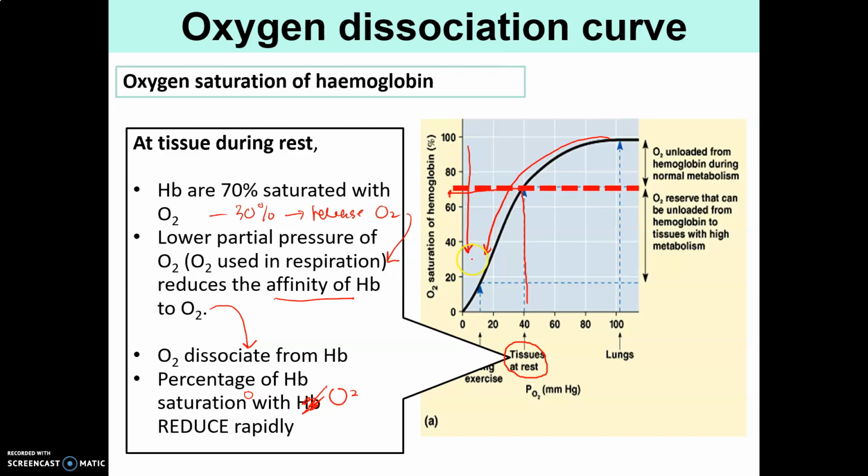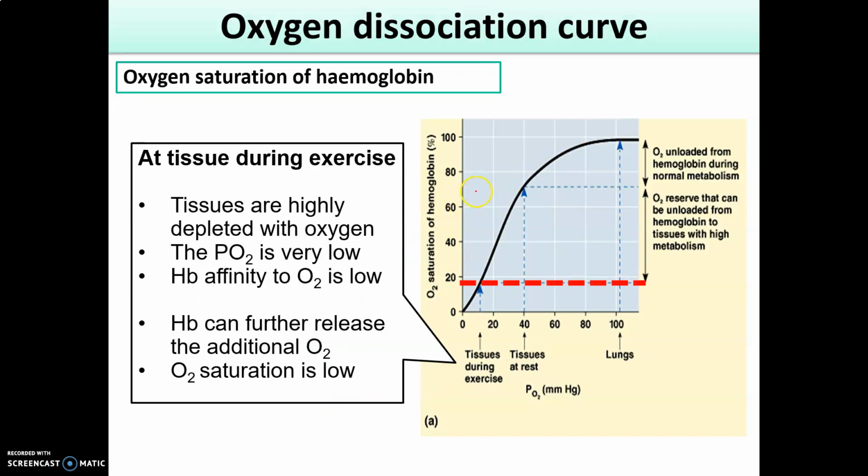Means that the oxygen is released dekat dalam tissue. Awak kena baca macam ni baca ke bawah. Semakin berkurang the partial pressure of oxygen, semakin kuranglah oxygen yang bind dengan hemoglobin. Kenapa? Because affinity towards oxygen is reduced in hemoglobin, causes oxygen to be released from the hemoglobin kepada tissues. Alright.